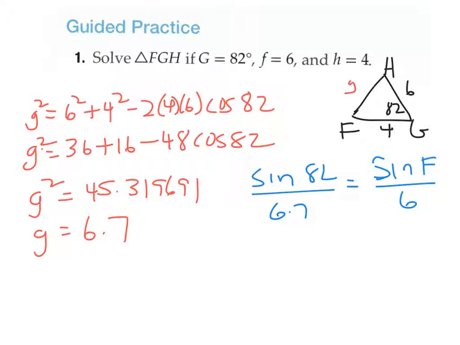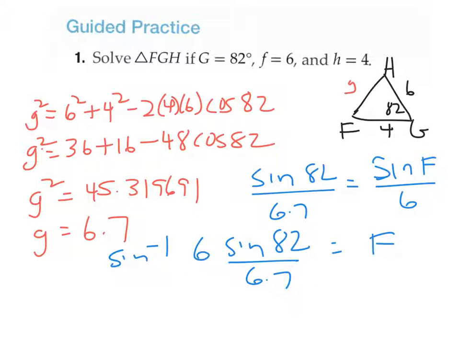And so what we're going to do is multiply sine 82 over 6.7 by 6, and we're going to do the inverse function, and that gives us f. So doing that in our calculator, we get 62 for f. So now I know this is 62. I can add 62.